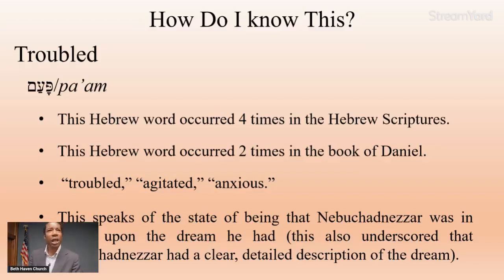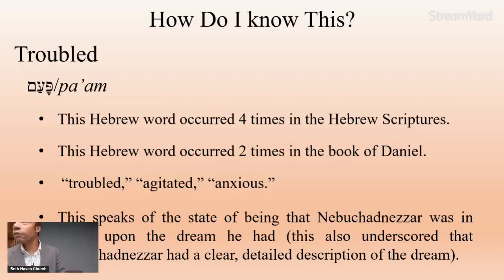You can kind of picture Nebuchadnezzar pacing back and forth, right? In his room or amongst his court, scratching his head, like, what in the world did I just dream? This is unusual. This also underscored that Nebuchadnezzar had a clear, detailed description of the dream.